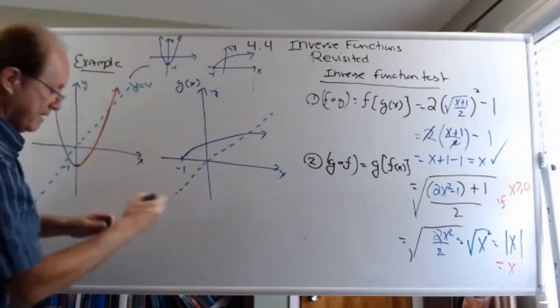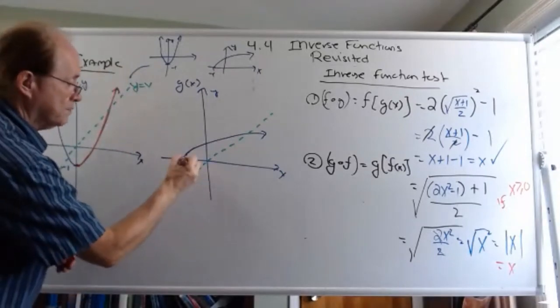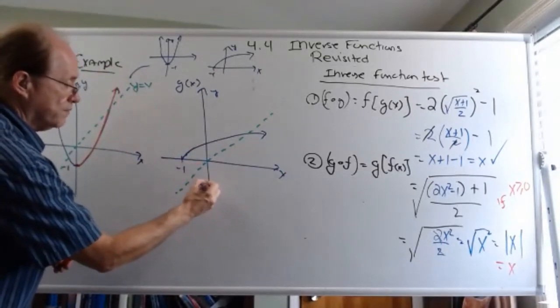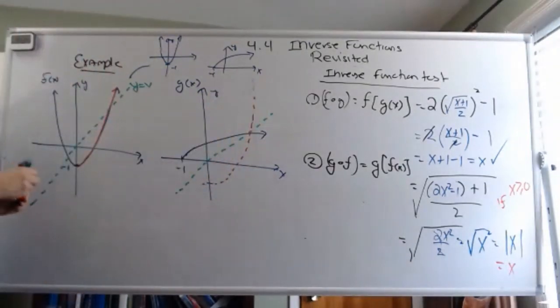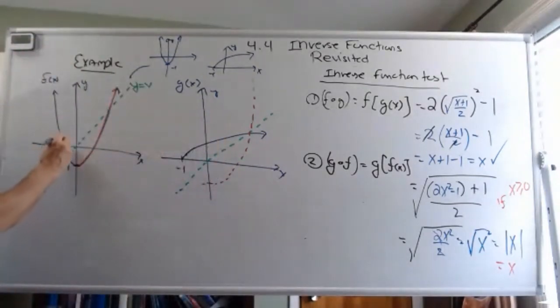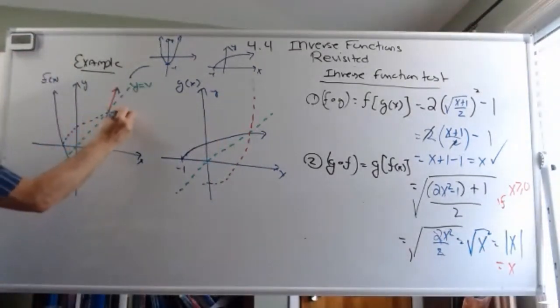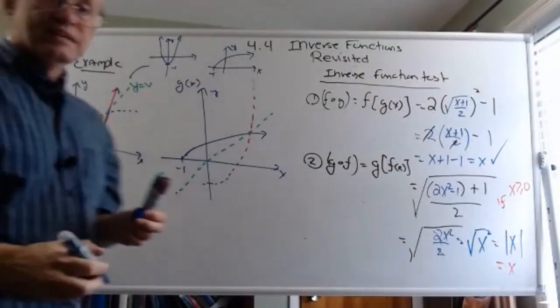Flipping it around here, I would get this. This -1 goes down to a -1 over here, and it would come up this way. And you can see they are indeed graphically inverses.